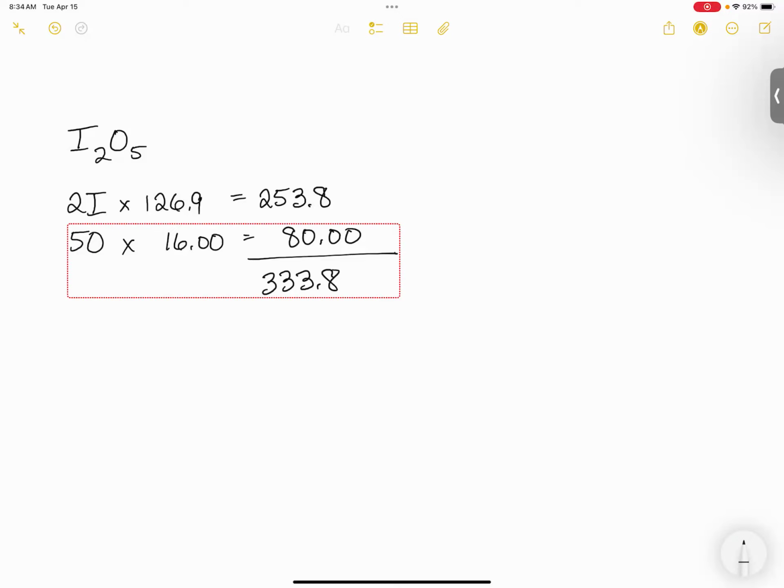It's not an issue there, but you're looking at significant digits there before you put it in the problem, right? If I ask you to calculate just the molar mass, then yes, I'm going to look at significant digits.